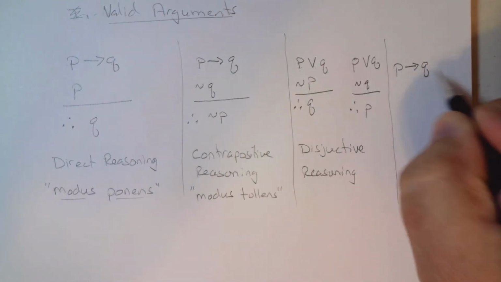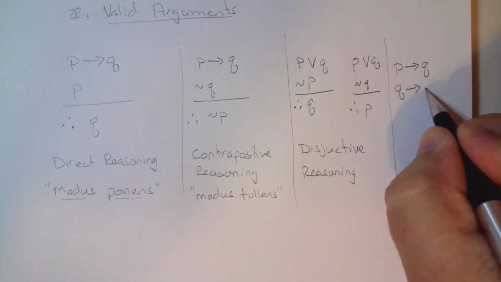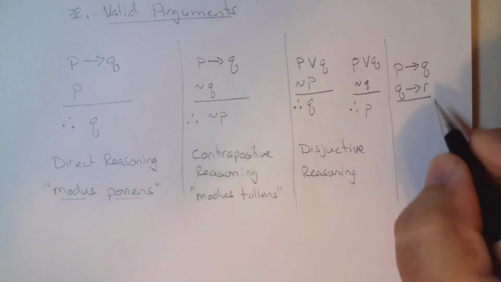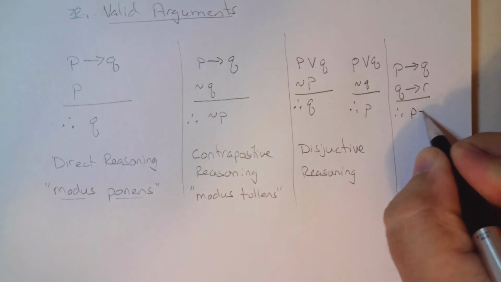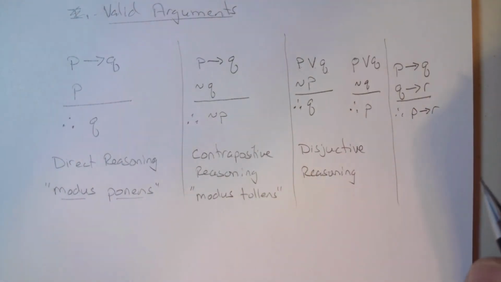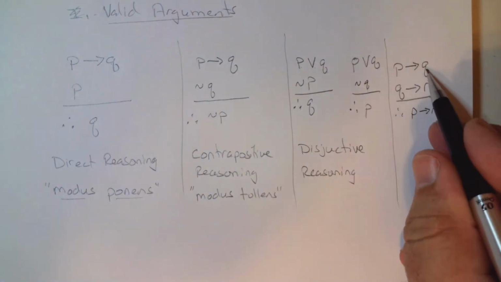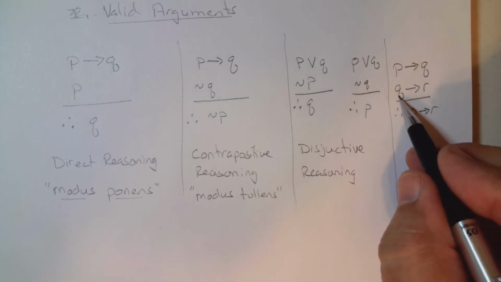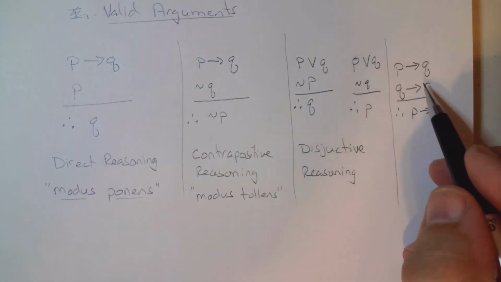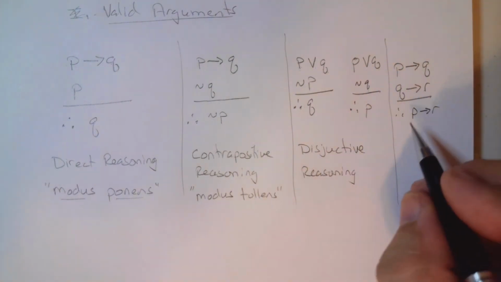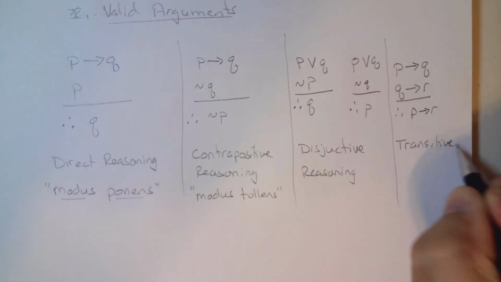And the last of the valid ones. You've probably seen this one before. If P, then Q. If Q, then R. Therefore, if P, then R. If A is B and B is C, then A is C. This is called transitive reasoning.